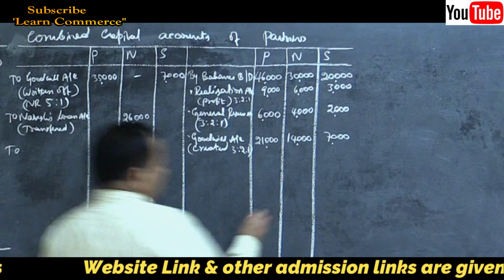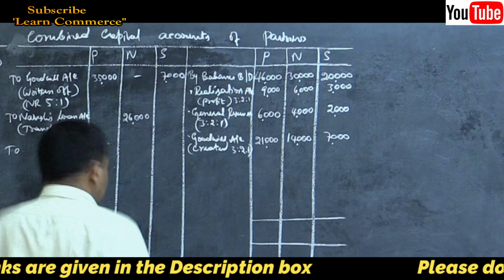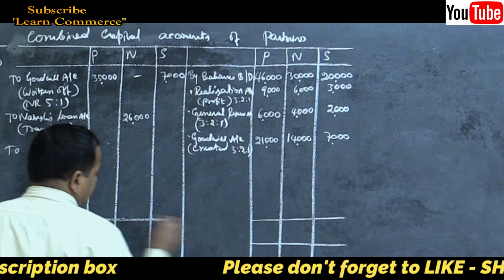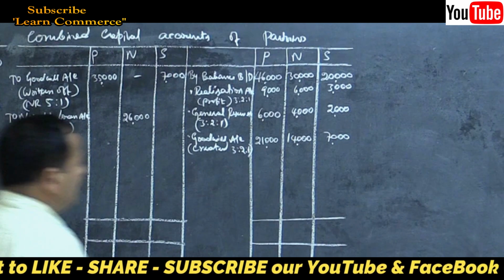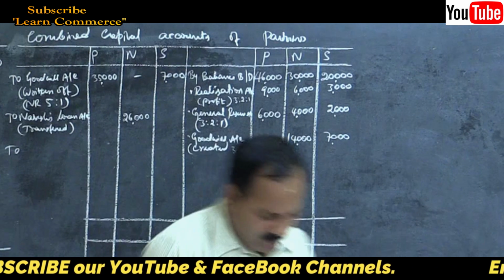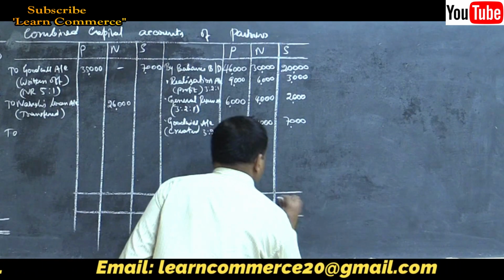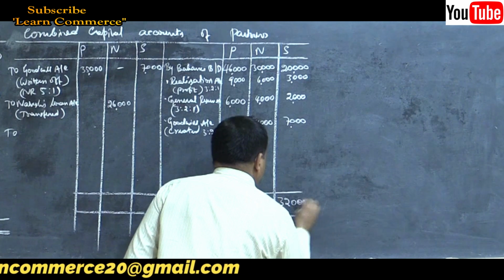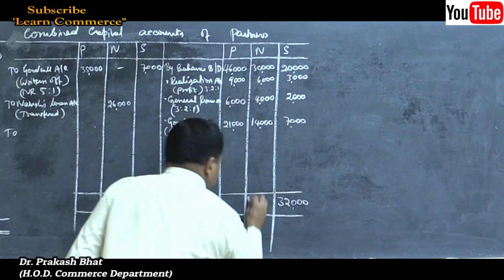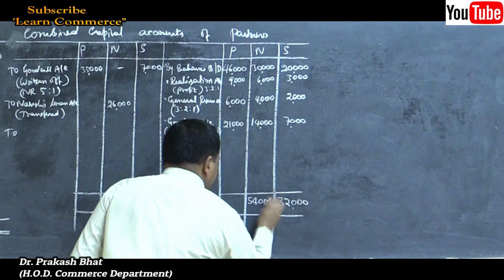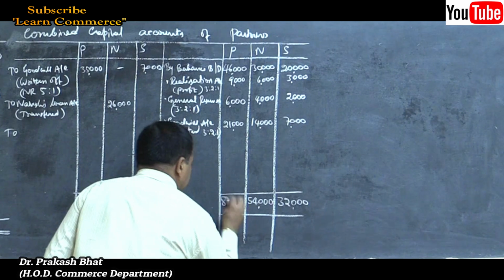Now close the account, find out the difference and bring down the balance of continuing partners, and make payment to the retiring partner. Now the total will be how much? 32,000 in the last partner Saurabh's capital account, 54,000 for the retiring partner Naresh, and 82,000 for Pankaj.